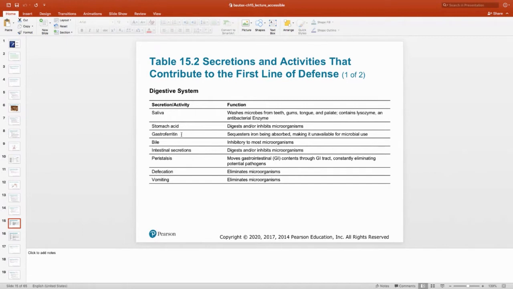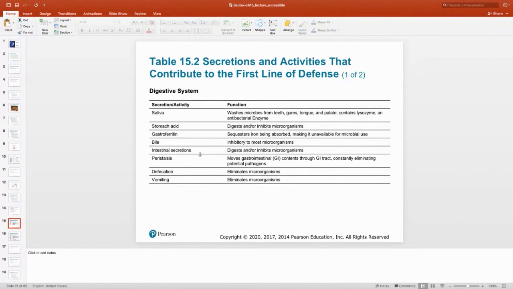Also in the stomach is gastroferrin, ferritin rather, and that sequesters iron being absorbed. It doesn't allow the microbes to use it, and microbes need iron. So anything the body does to sequester iron and keep it away from microbes will also prevent microbes from growing.